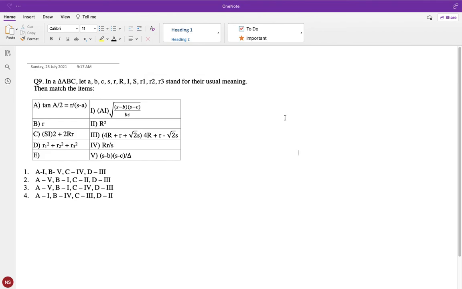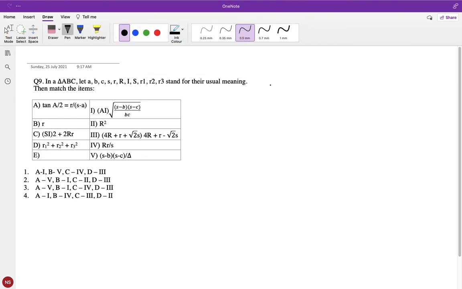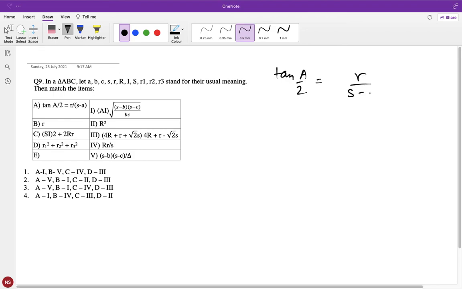So this is the last problem, question number 9, again on inradius, circumradius, etc. So let us look at this one first. Tan A by 2, which is also equal to r by S minus A, is equal to which of these expressions? We know that r is equal to delta by S, right?